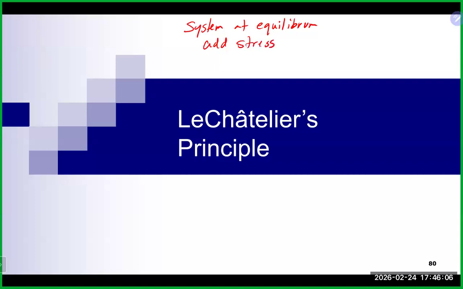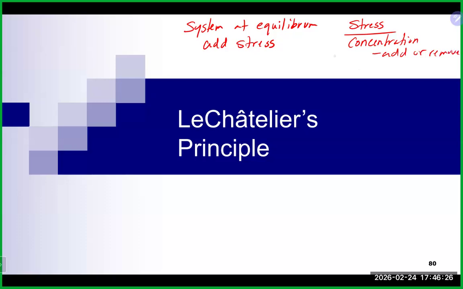And you basically screw up the equilibrium by doing so. Common stresses that we could add to a system have to do with things like concentration. We could either add more or remove.